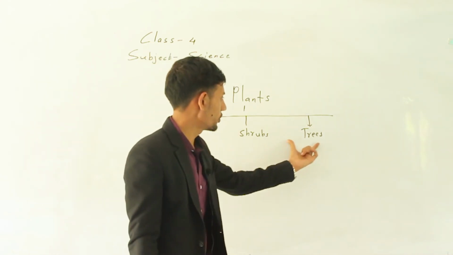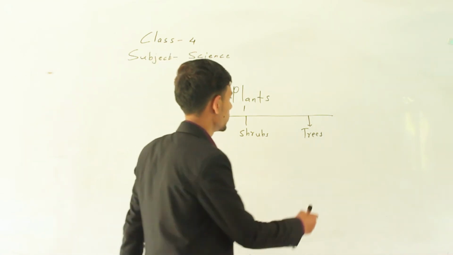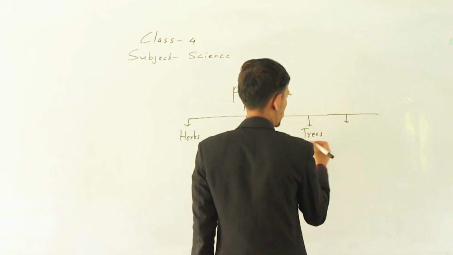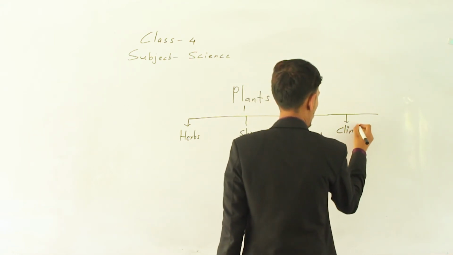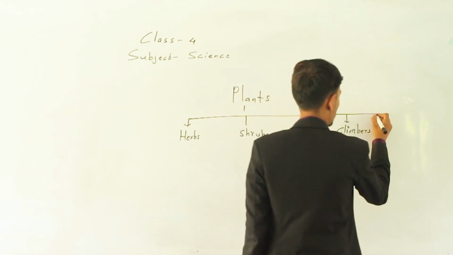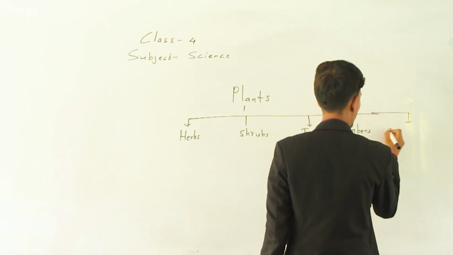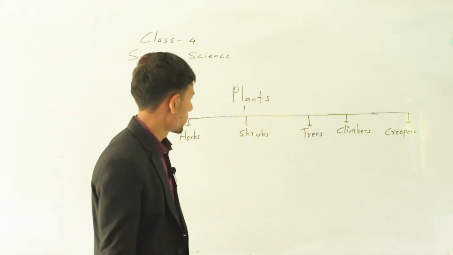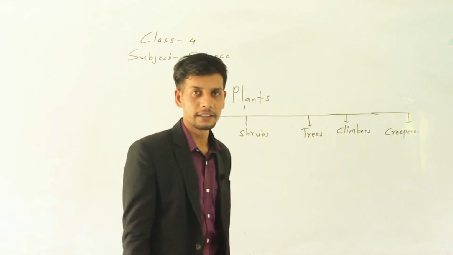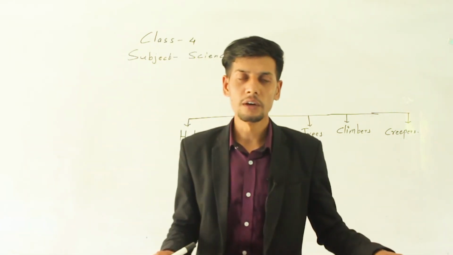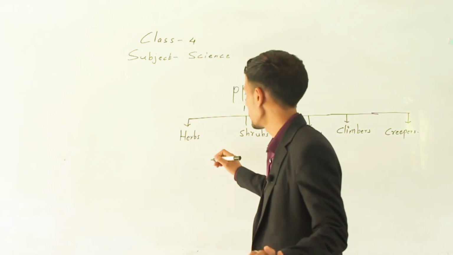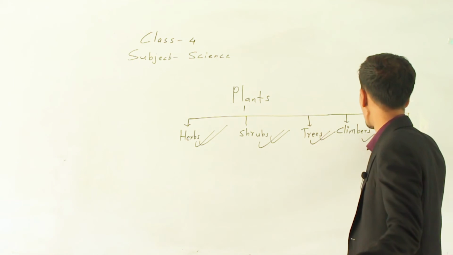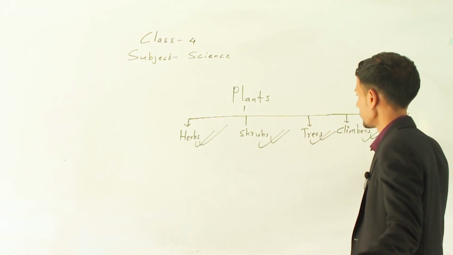Herbs, shrubs and trees are the main groups, but besides these there are two others: climbers and creepers. So plants are grouped like this, and in our previous class we learned about herbs, shrubs, trees, climbers and creepers.